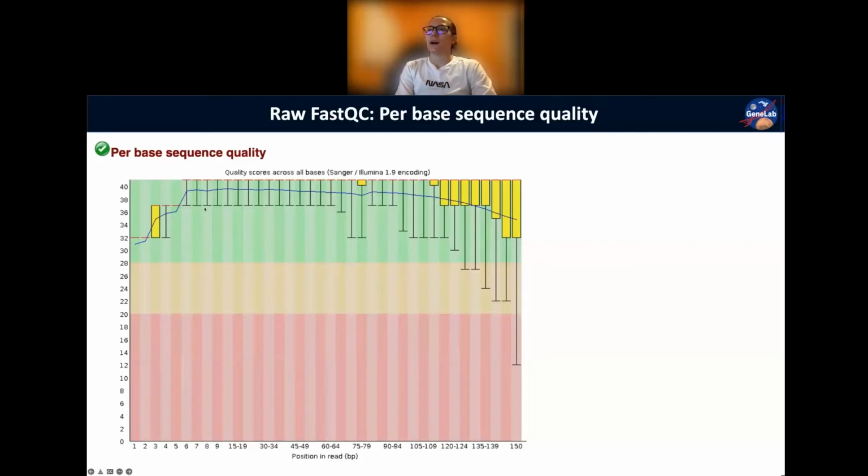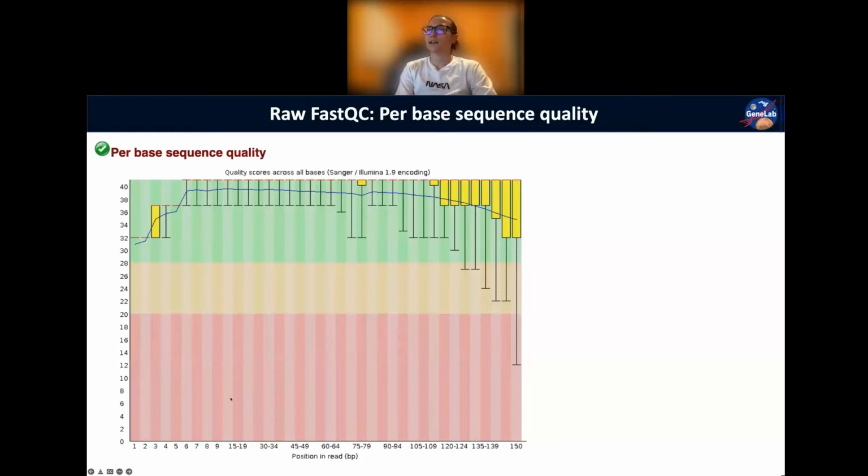The FastQC output also gives some color coding: in green, Q scores of 28 or higher are considered really high quality; moderate, good quality is between Q20 and Q28; and in red is poor quality, anything less than 20.